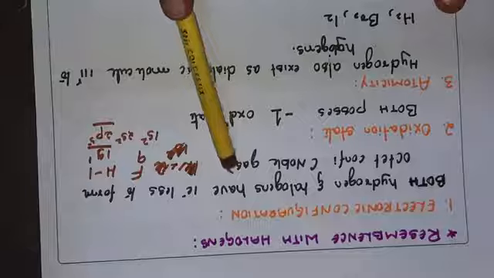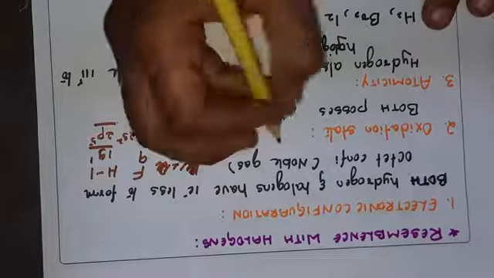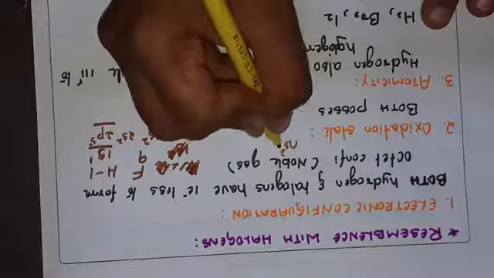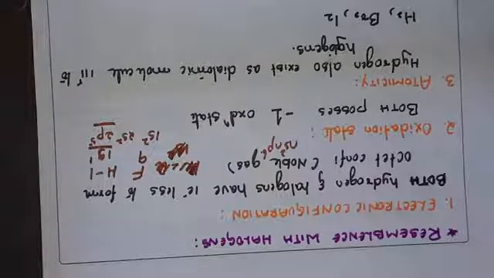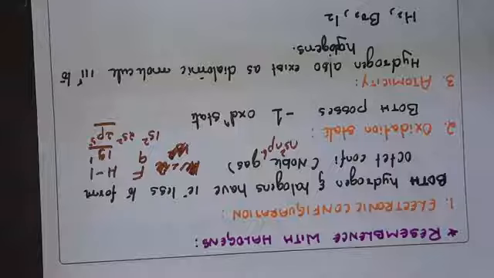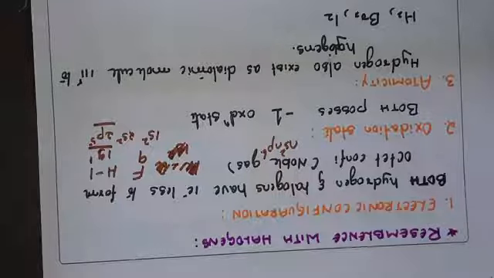Next, the oxidation state. Both hydrogen as well as halogens possess a -1 oxidation state, because both have a tendency to accept one electron.